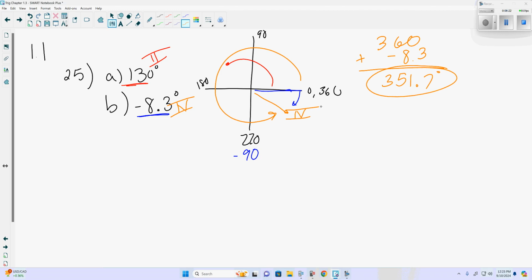So for some of our negative angles, radians or degrees, we can add 2 pi to it to get it back to between 0 and 360, or 0 and 2 pi, and it's a little bit easier to figure out where it's at.